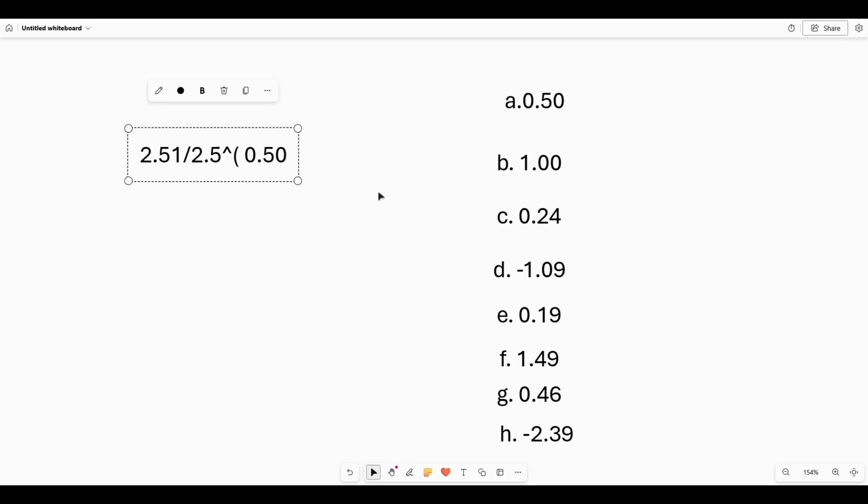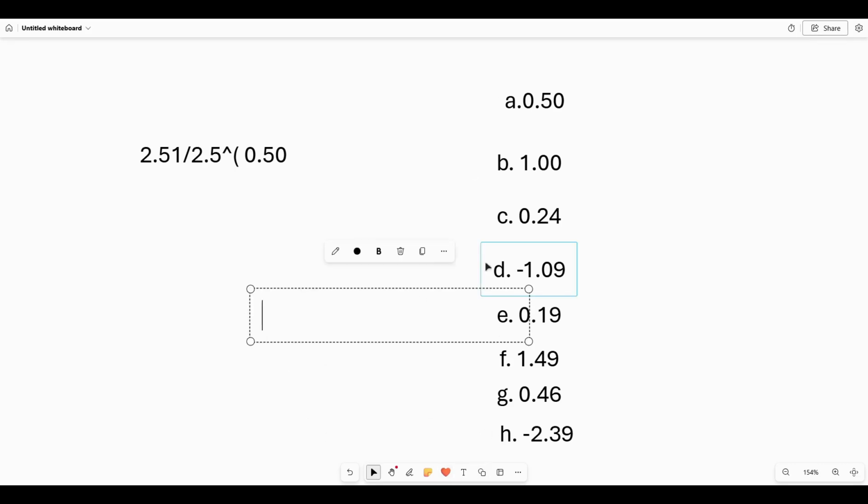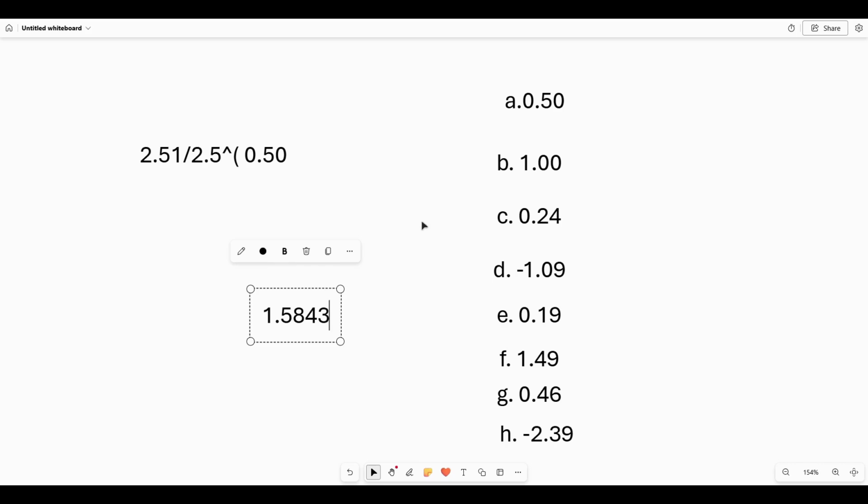As you can see, we will get this, and our answer approximately will be 1.584343. Or you can just write the answer as 1.58 dot dot dot. Yeah, however many digits there are, you just write the dots.